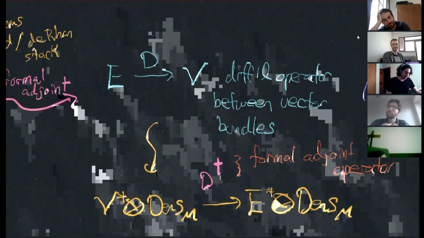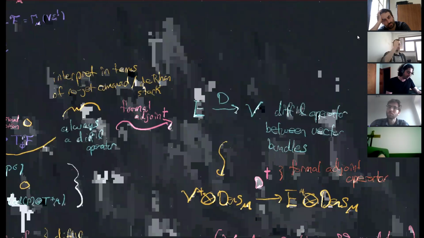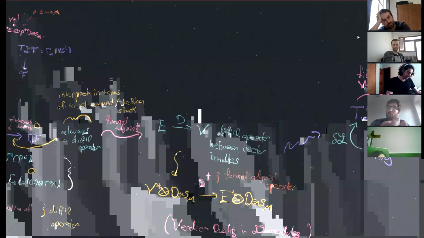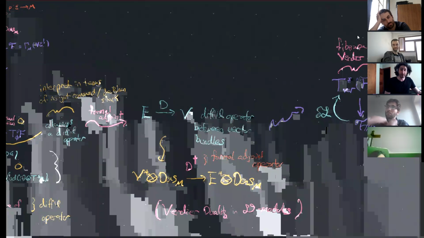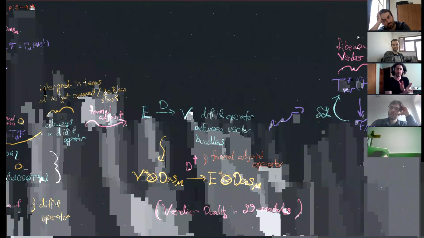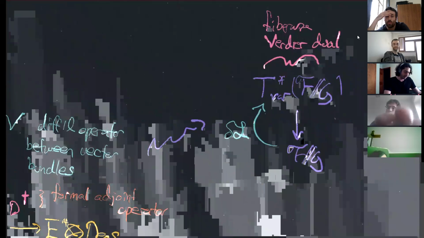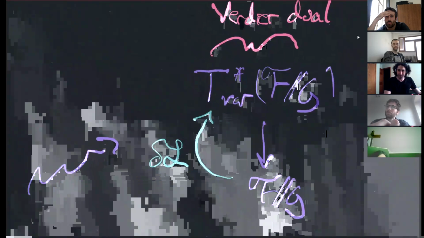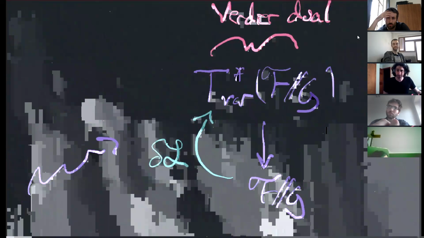We can interpret this formal adjoint in terms of Verdier duality, and we can make sense of the fiberwise Verdier dual of the tangent bundle. This is something you can do abstractly, and that's what we call the variational cotangent bundle, okay?